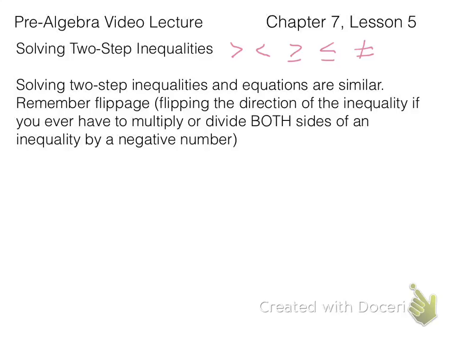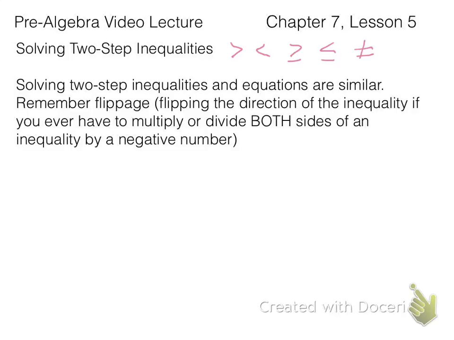Very similar. The only thing is you have to remember, just like we did earlier, way back at the beginning of the class, that when you multiply or divide a negative on both sides of the equal sign, or in this case an inequality sign, because it doesn't really matter if you do it for an equal sign.